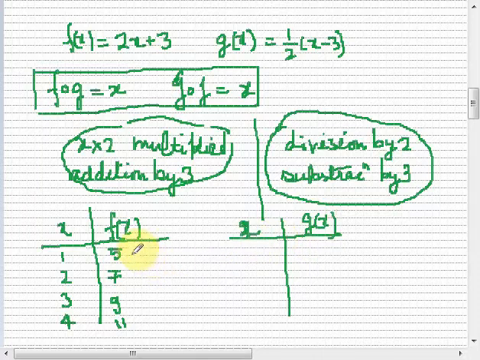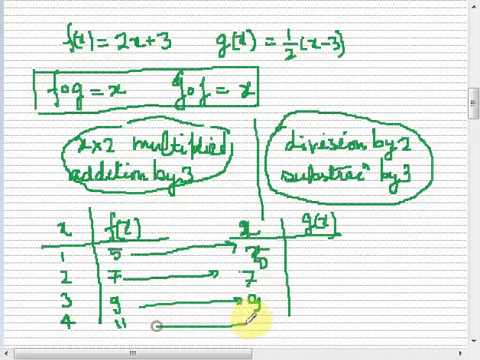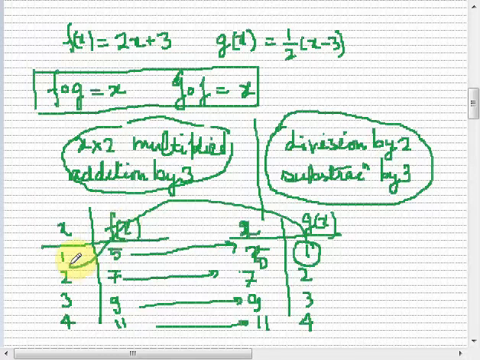If we calculate these values, at x equal to 5, 7, 9, 11, you will find that the value of gx comes as 1, 2, 3, 4. That is, this value is matching with this value, and 2 is matching with this value, 3 is matching with this value.